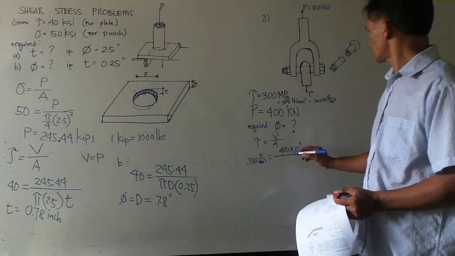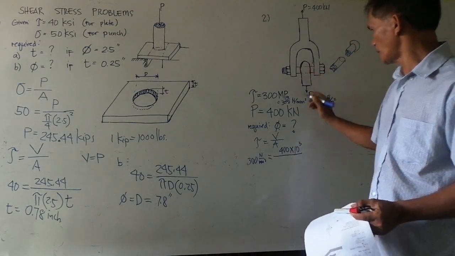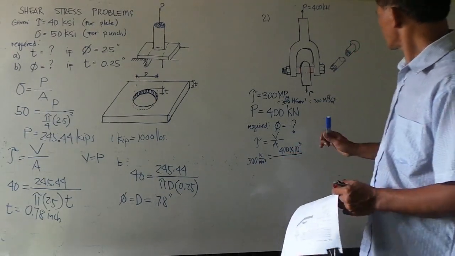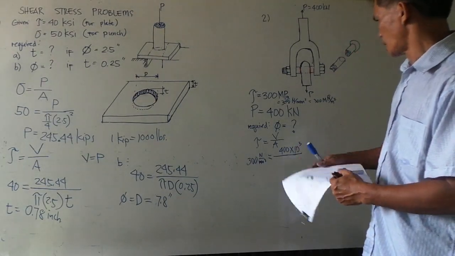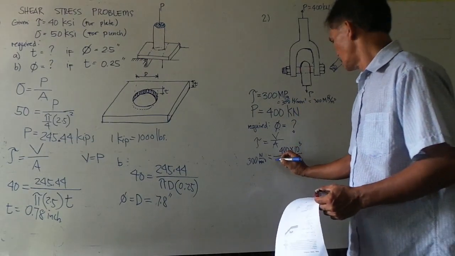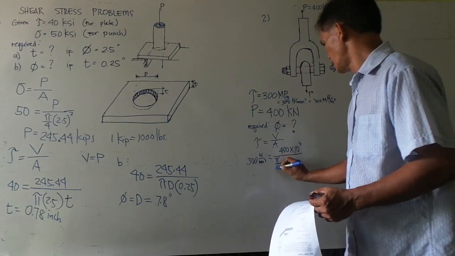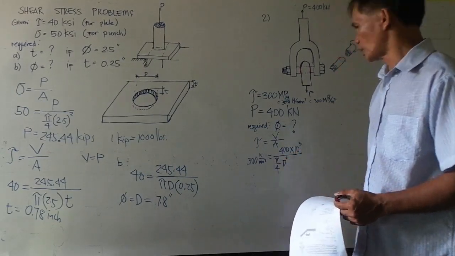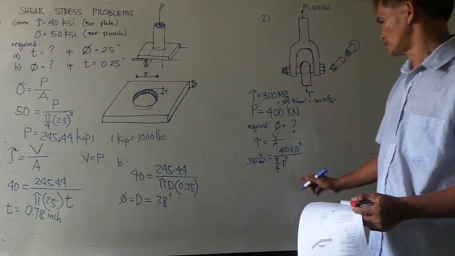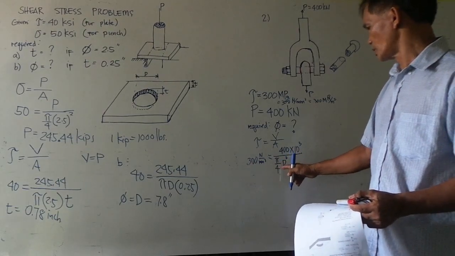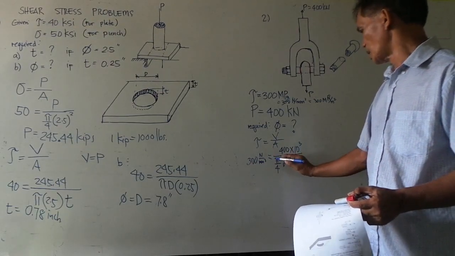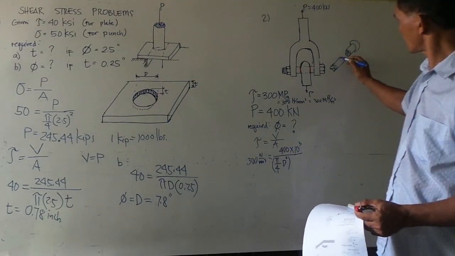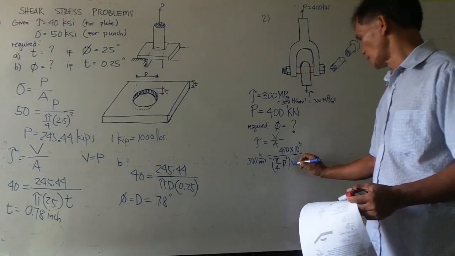Then the area is this one. There are two areas that will be sheared. So it's equivalent to pi over 4 times the required diameter squared. But since there are two areas that will be sheared, this is double shear, so you multiply this by 2.